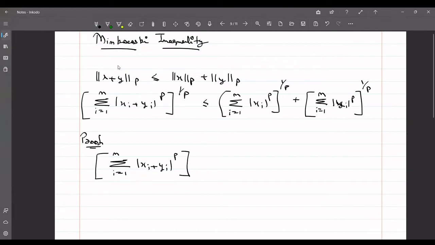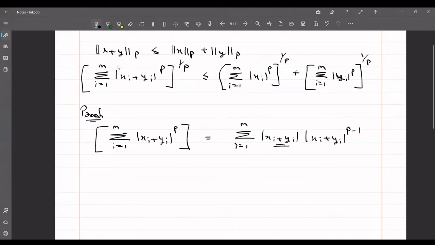So we have this, and this we can write like summation i equals 1 to n, mod of xi plus yi times mod of xi plus yi to the power p minus 1, and this can be separated using the triangle inequality. So this is less than or equal to summation i equals 1 to n, mod of xi plus mod of yi, so we can distribute.